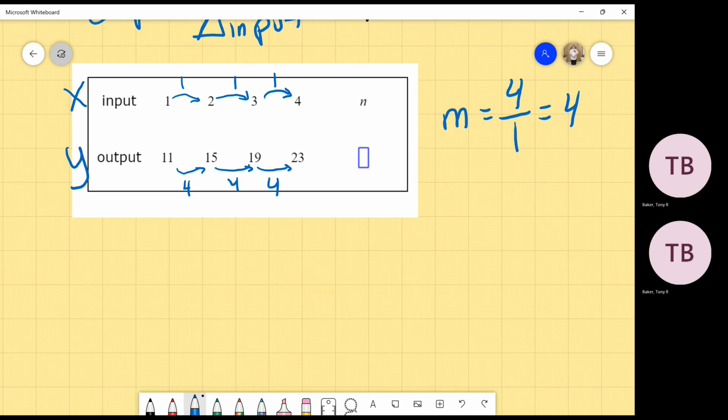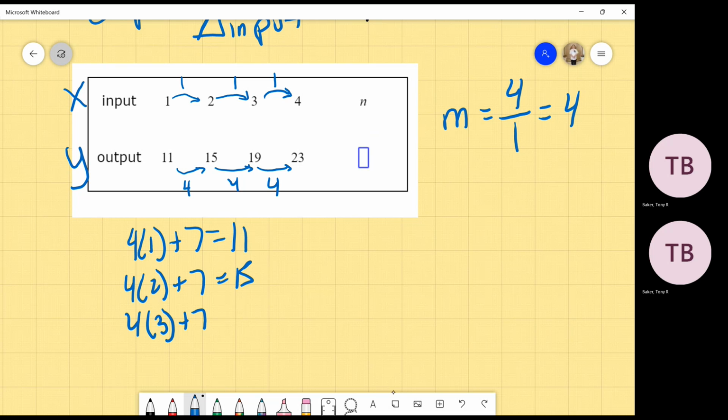Remember, it's the output over the input. So now we've got to try. What's 4 times 1? 4, but I wanted 11. So it's 4 times 1 plus 7, which gives me the 11. 4 times 2 is 8 plus 7 would give me the 15. 4 times 3 is 12 plus 7 would give me 19. 4 times 4 plus 7 is 23.